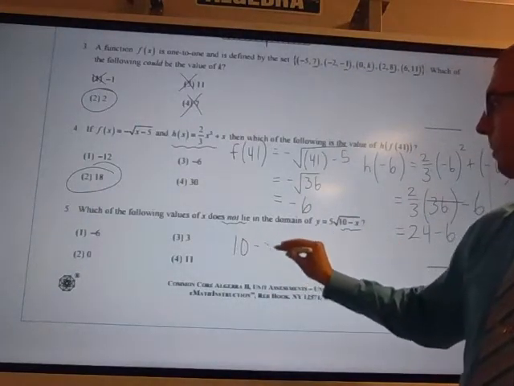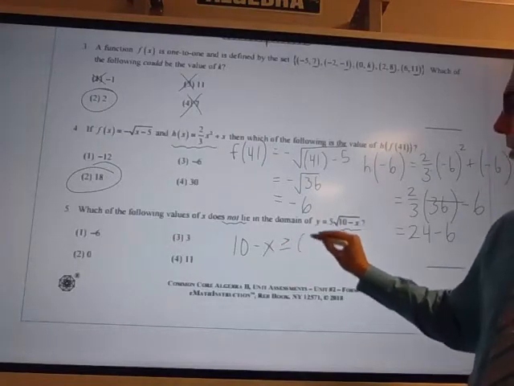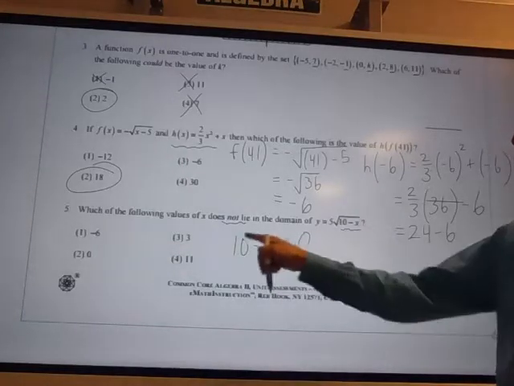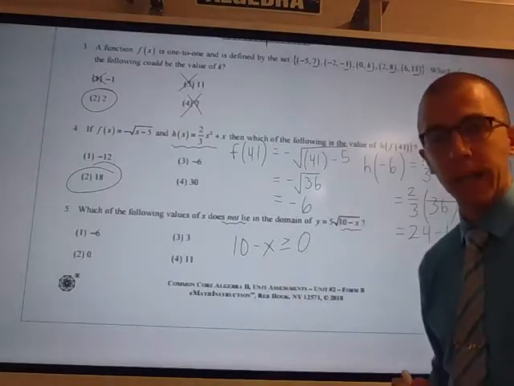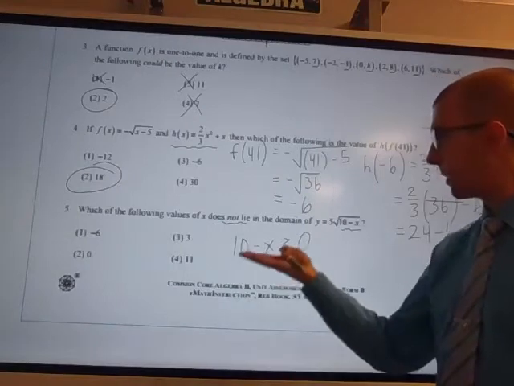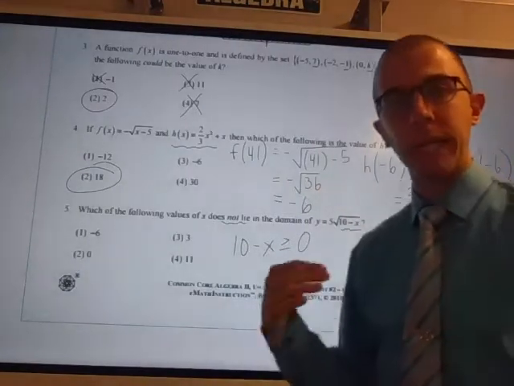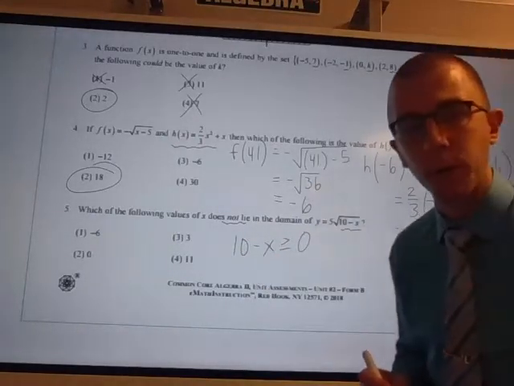So I would take 10 minus x and set up a little inequality here. That has to be greater than or equal to 0. Only then will the values of x make the function defined. Remember that. The expression underneath has to be greater than or equal to 0. It can't be negative. So I want to solve this now, just like I would if it was an equation.